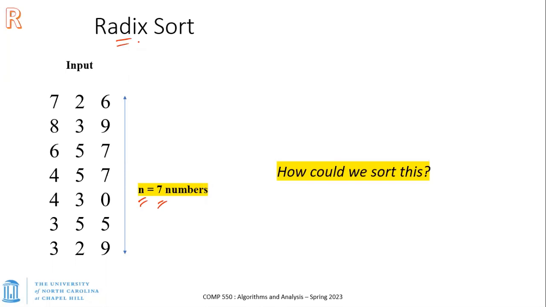For example, if you talk about base 10 numbers, the radix is 10. If you talk about hexadecimal numbers, the radix is 16, and so on. For binary numbers, the radix is 2. So any thoughts? How could we convert this problem into one that utilizes counting sort, where we limit the value of k? Yes, the gentleman over here in the front.